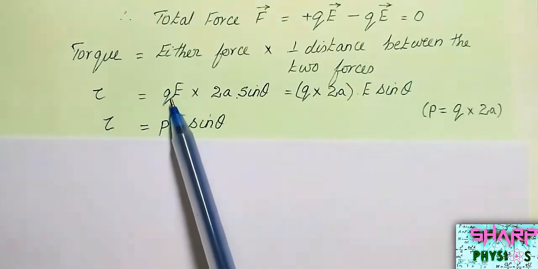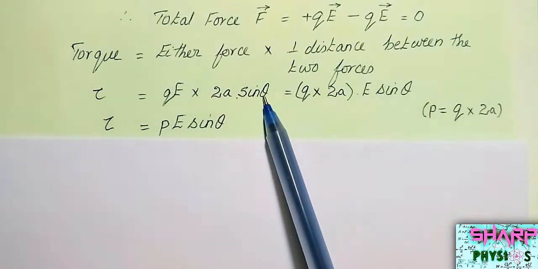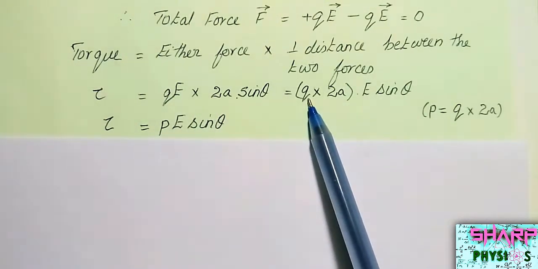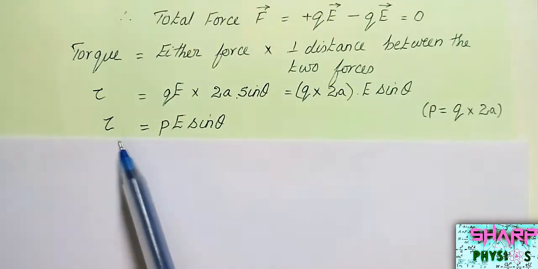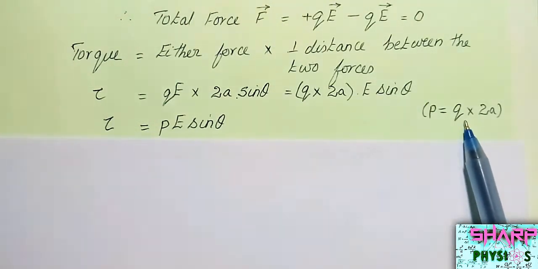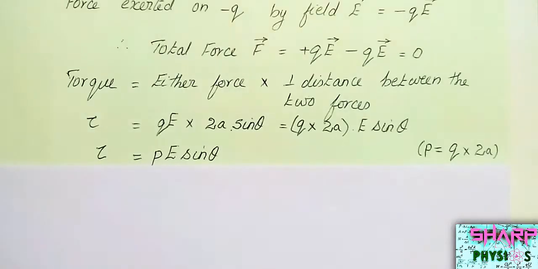So torque is equal to QE into 2A sin theta, which is equal to Q into 2A into E sin theta. So P is equal to Q into 2A. So torque is equal to PE sin theta.